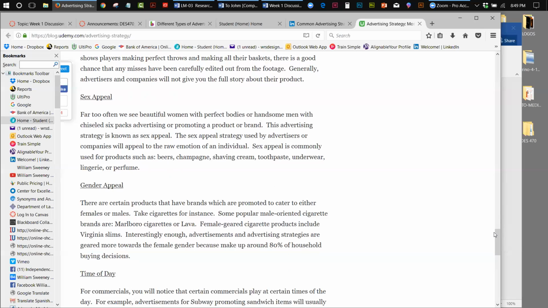Probably better than the normal person looks. But there are times when they have somebody who isn't quite perfect being used. There's one advertisement for Kit Kats, you know, the candy, and the guy is sitting in the library, and there's a frumpy-looking redheaded librarian standing off, and he makes some kind of noise, and she comes over and goes, shh, and he sticks the candy up in her mouth, and she stands there for a second, and she bites the candy.